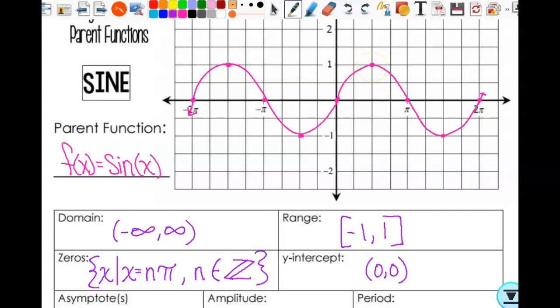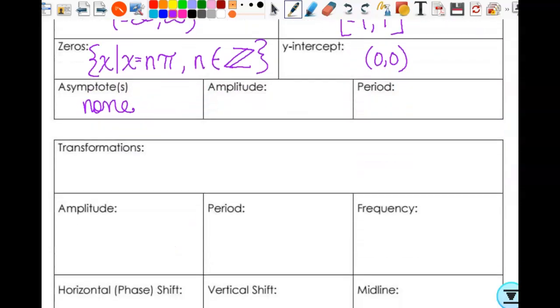It's actually half the distance between the maximum and minimum, but so this is my amplitude. How far above the x-axis am I going when it's the parent function, because I don't have any other shifts or anything. So my amplitude for your basic just parent function is just 1. Amplitude is where our a is going to come from when we have transformations, and we'll go from there, okay?